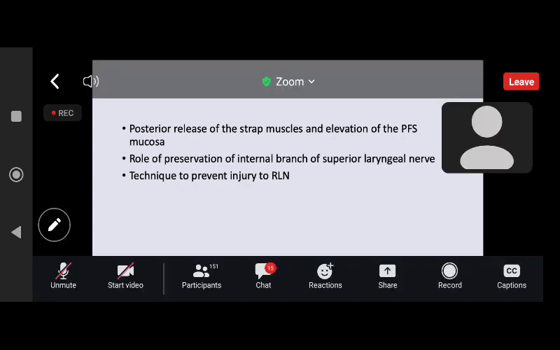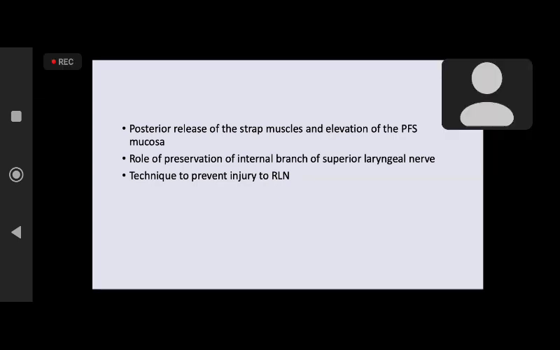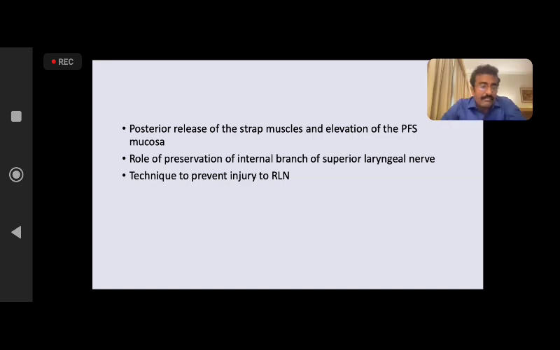That is one thing to keep in mind. But otherwise, normally we would elevate the mucosa almost up to the midline. Amit, that is what we practice for the laryngectomy.